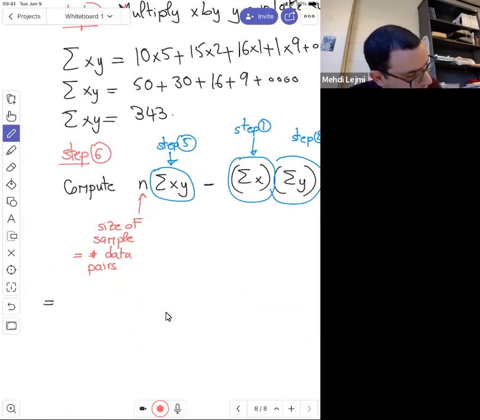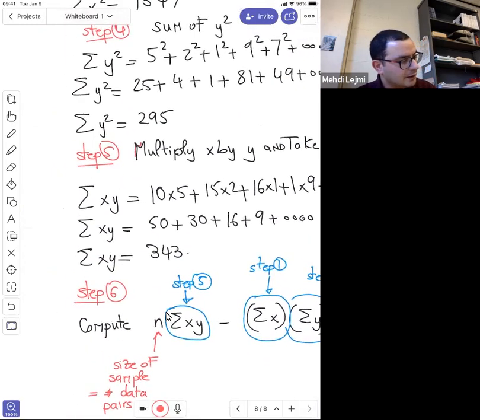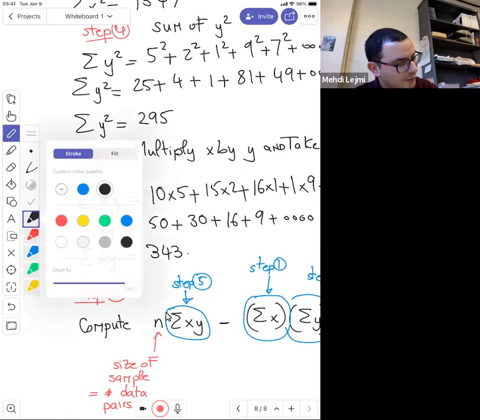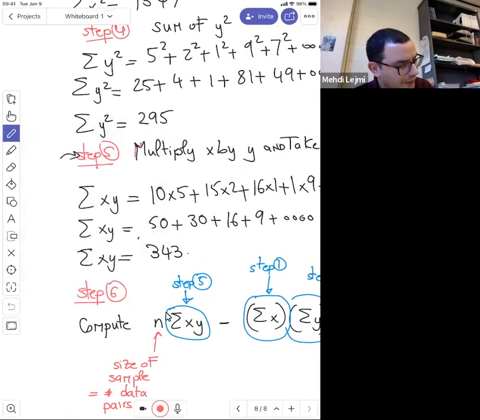So let's compute this. n is 10 times the sum of x times y. This is from step number 5, where we multiply x by y, and we got 343.